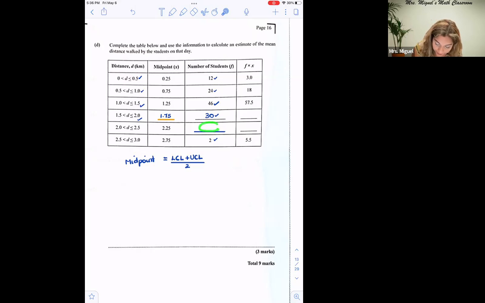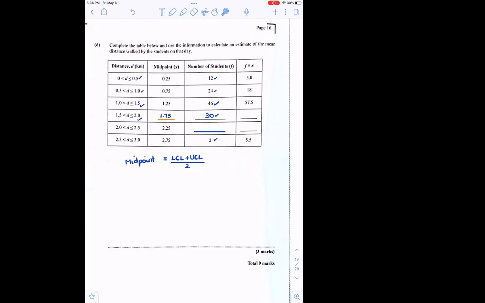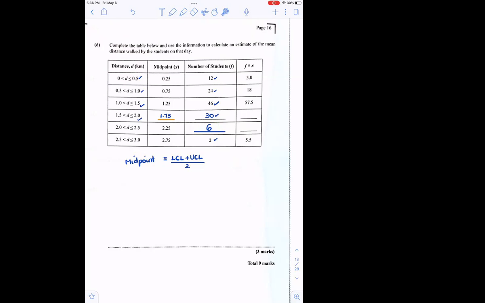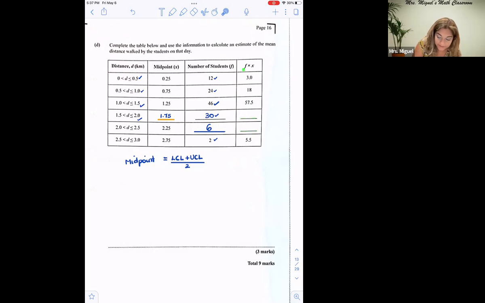What is the missing value? Miss, I got 6. Did anybody else get 6? Yes, Miss. Right. Fill these 2 rows. This is the f values and this is the x values.